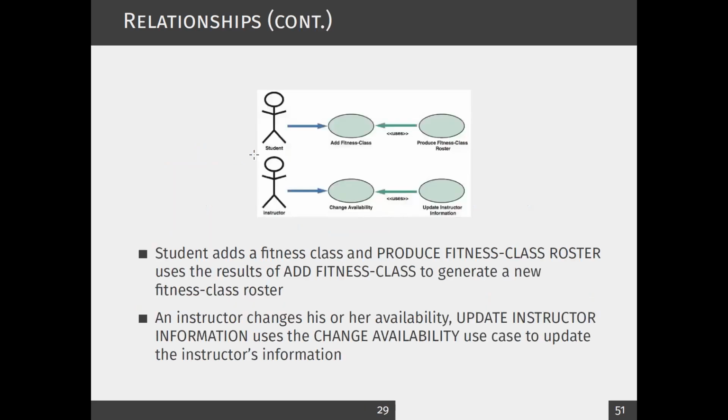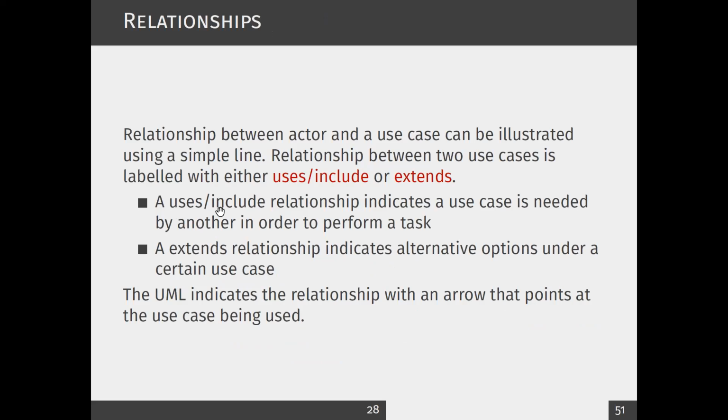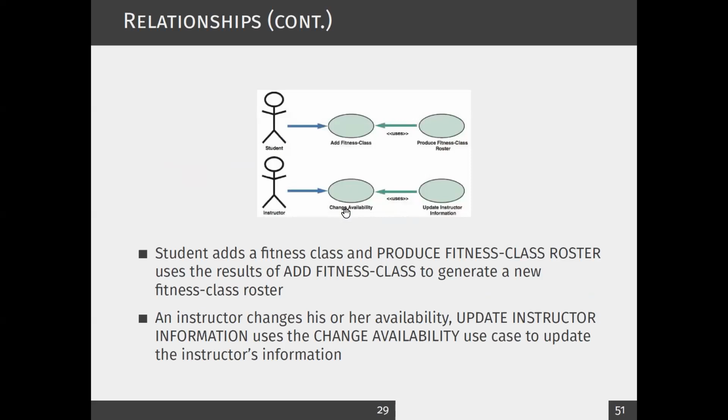Now, according to this one, you can see two cases. We have add fitness class, which uses produce fitness class roster. So uses indicates a relationship in which a use case is needed by another in order to perform the task. To add a fitness class, you need to produce a fitness class roster.